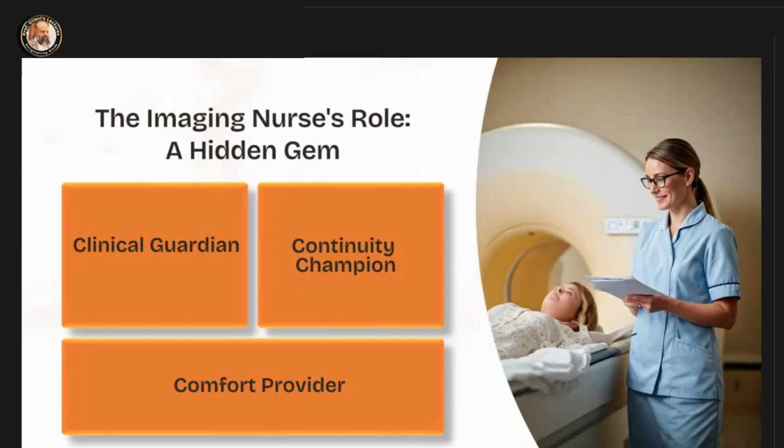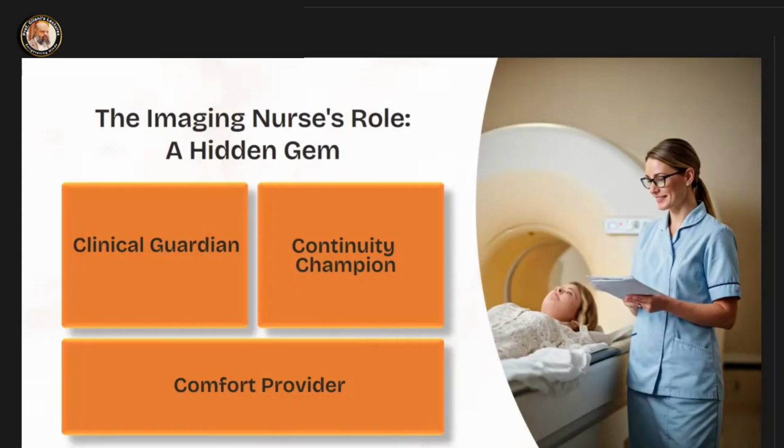Continuity champion means they maintain the thread of care across the multiple imaging episodes, updating care plans and communicating findings to the broader healthcare team and family.